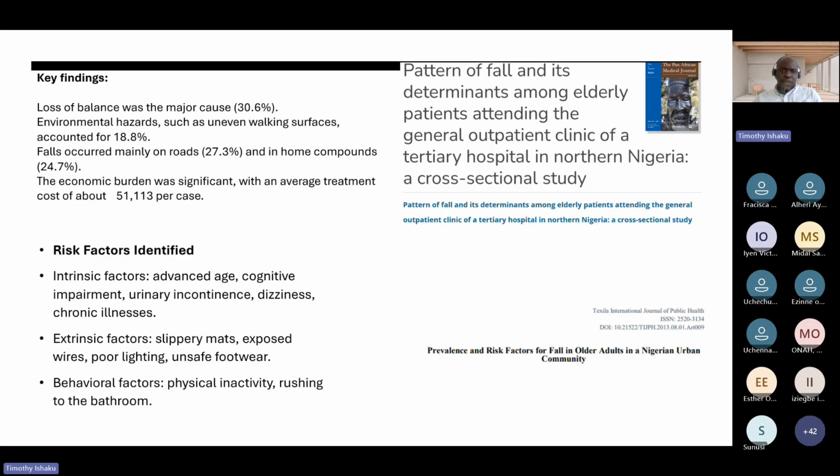Now, this gives us an understanding of where we should target our interventions. So understanding this gives us, as clinicians, a way to design our targeted interventions.